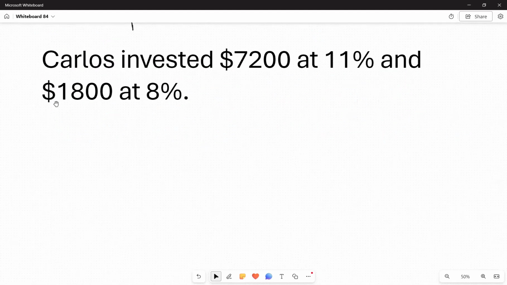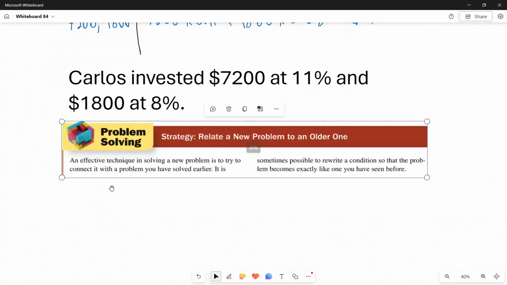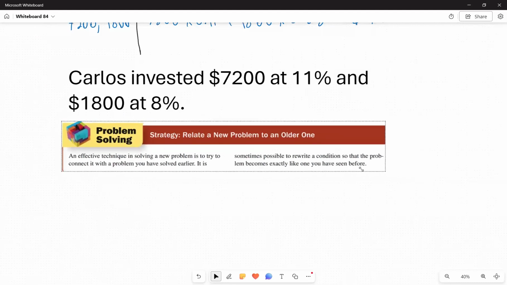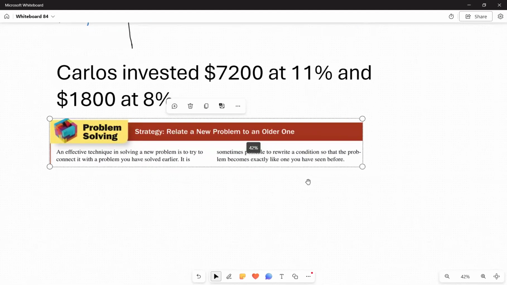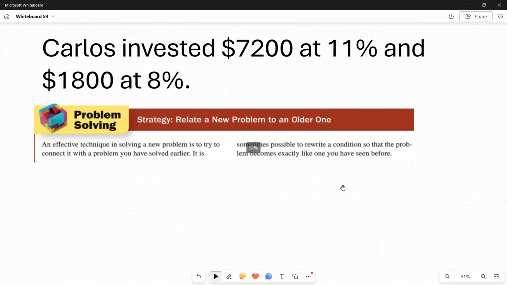So next strategy. An effective technique in solving a new problem is to try to connect it with a problem that you have solved earlier. It is sometimes possible to rewrite a condition so that the problem becomes exactly like one you have seen before.